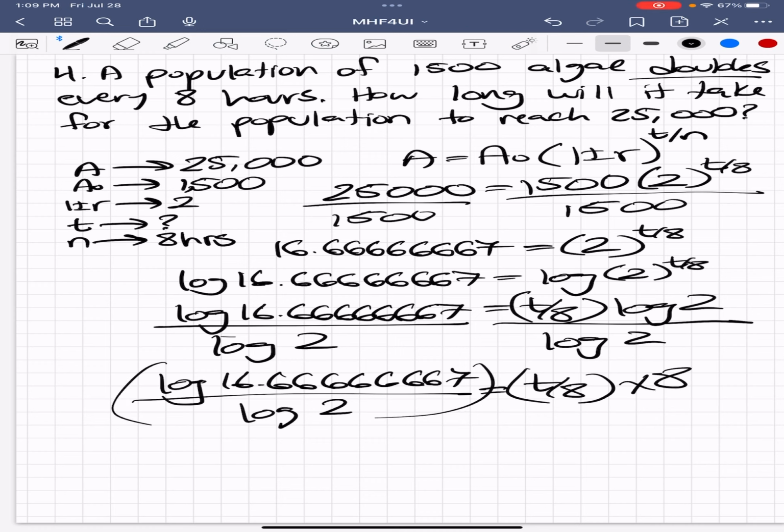Since t is divided by 8 and we're trying to isolate t, we're going to multiply both sides by 8.